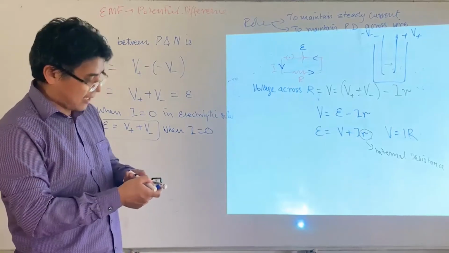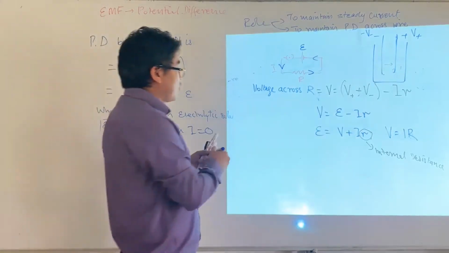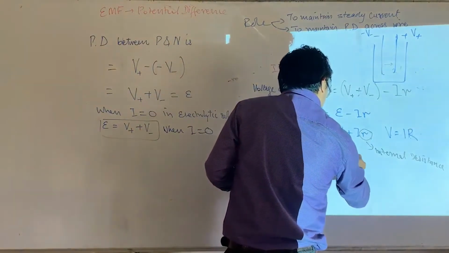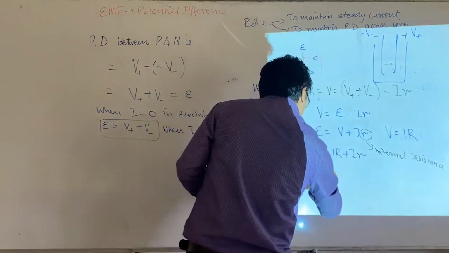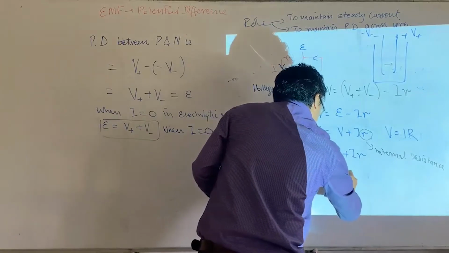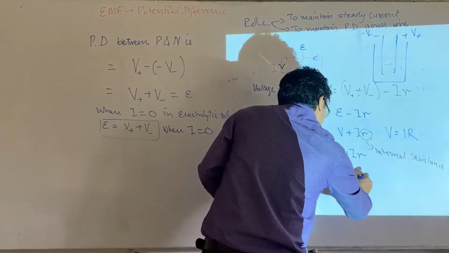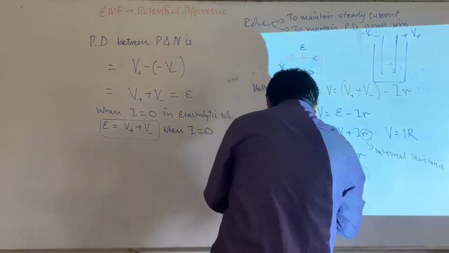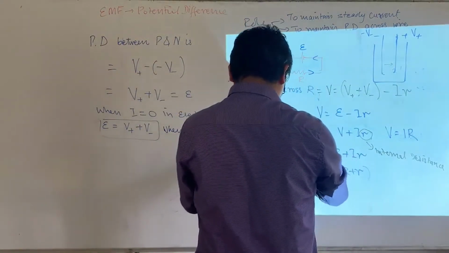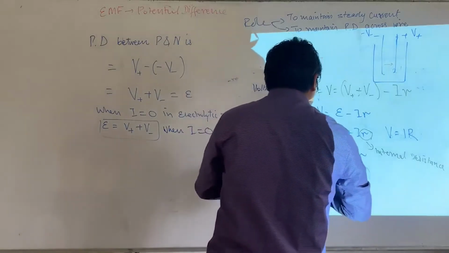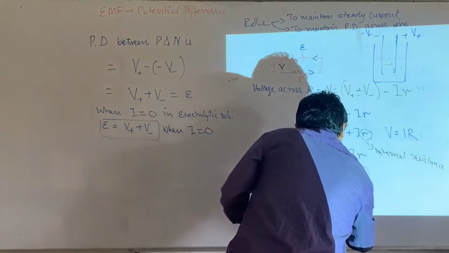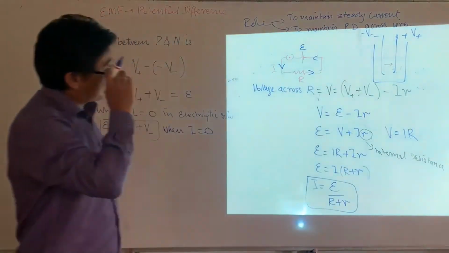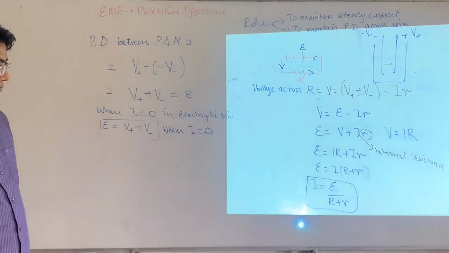So this is what we have, and then EMF is IR plus Ir, so I is divided by R plus small r. Finally, I is going to be EMF divided by R plus r.